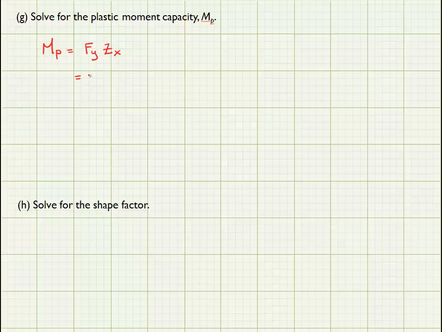So our yield strength we said is 36 KSI. Z sub x is 385 inches cubed. And this gives me a plastic moment capacity of 13,860 kip inches. So if you are more comfortable working in kip feet, you can divide that value by 12.